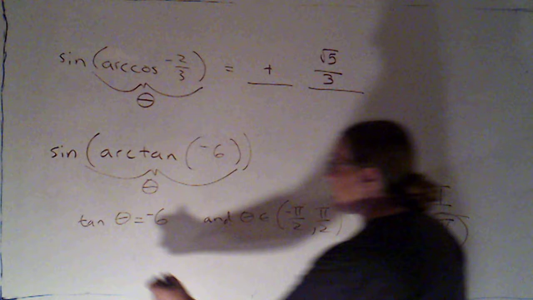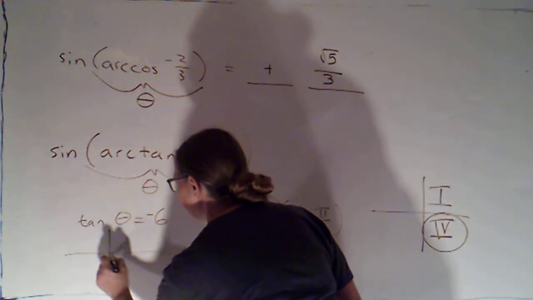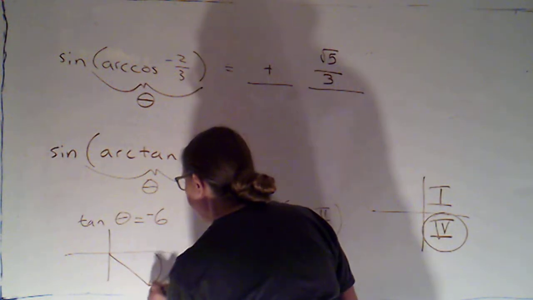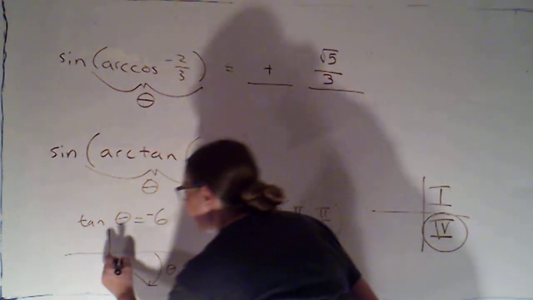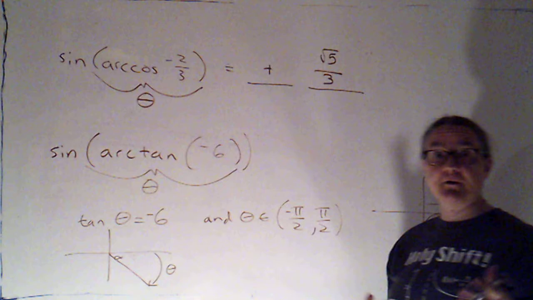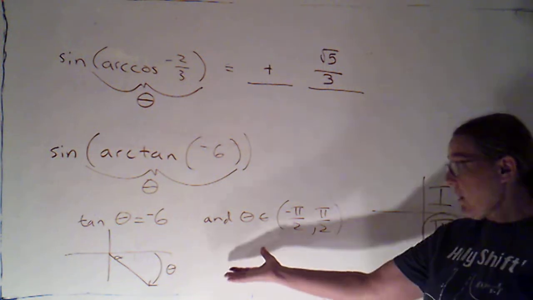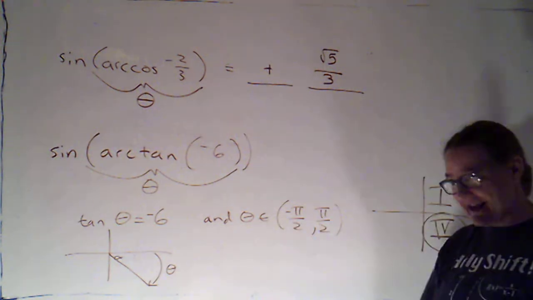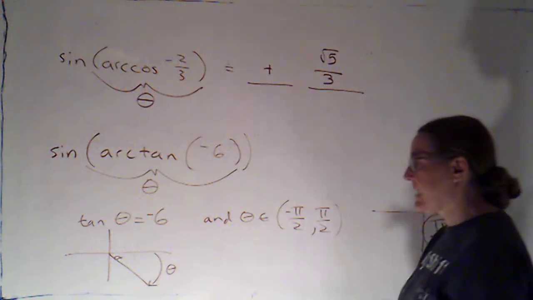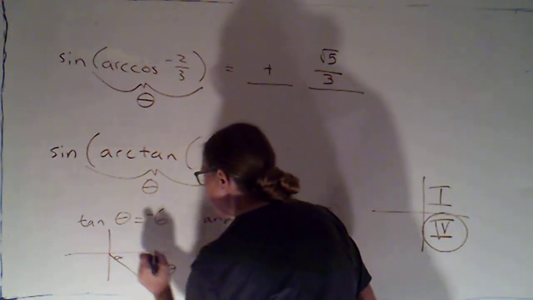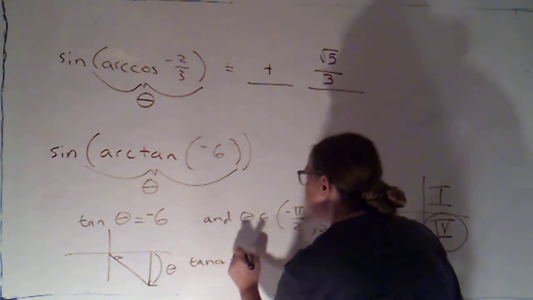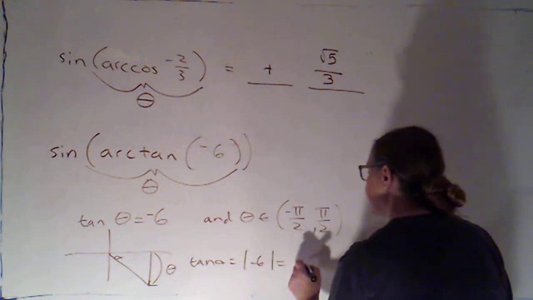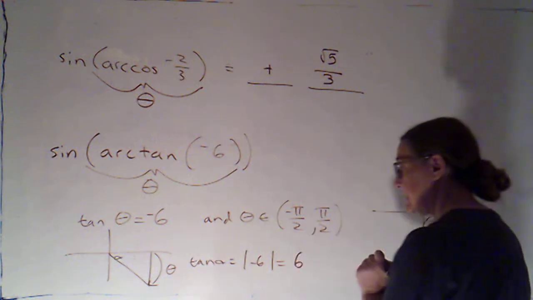Okay. So I'm going to draw a picture of my angle in quadrant 4. Theta would be this angle that I get by rotating in the negative direction. Alpha is my reference angle. It's basically just the opposite of theta because I'm taking the same amount of rotation but counting it as positive. Now, I know that the tangent of alpha is the absolute value of -6, which is just 6.